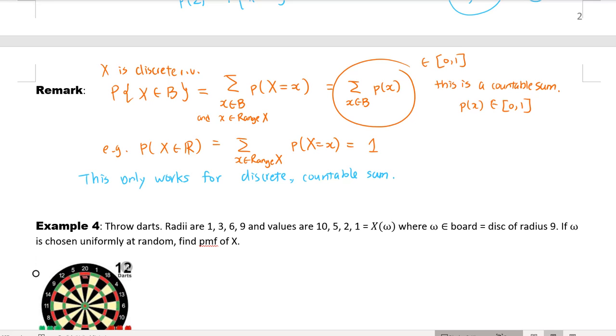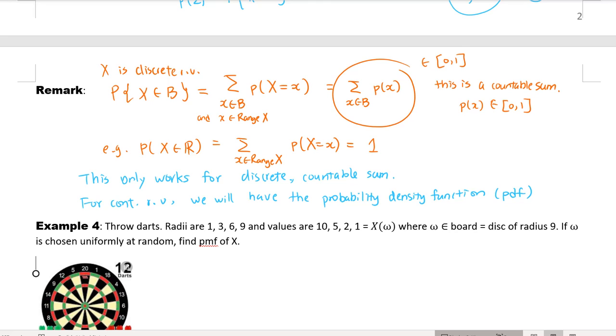Okay? For a continuous random variable, we will have the probability density function, which is called PDF. So for a discrete random variable, we have PMF, probability mass function.